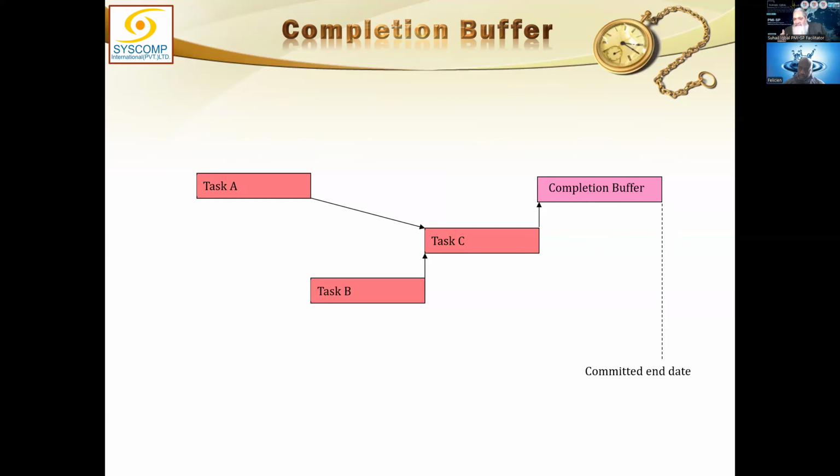If I want to keep something in the buffer, I have to borrow it from activity A, B, and C. For example, I ask activities A, B, and C to contribute 2 days each for the project buffer. So I will have 2 days from here, 2 from here, and 2 from here. They will be my 6 days buffer.